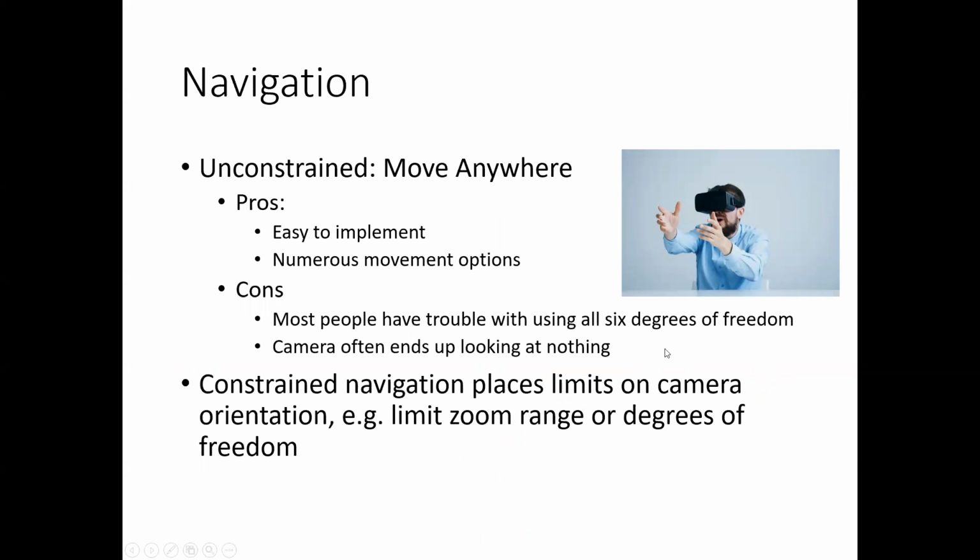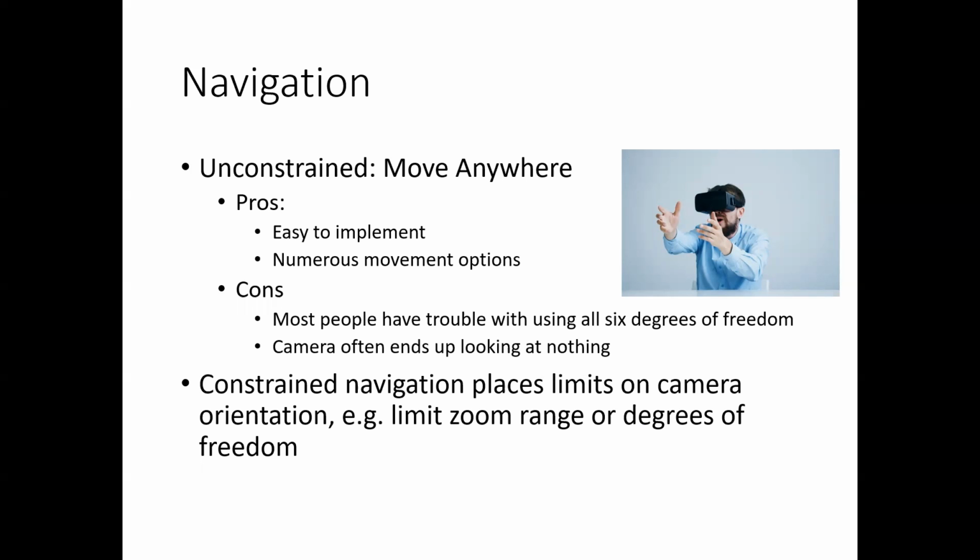Navigation is another way for changing the view. Unconstrained allows you to move anywhere. And it's easy to implement unconstrained navigation. That's the good news. The bad news is most people have trouble using all 6 degrees of freedom. So the 6 degrees of freedom are forward, back, left, right, and up and down.